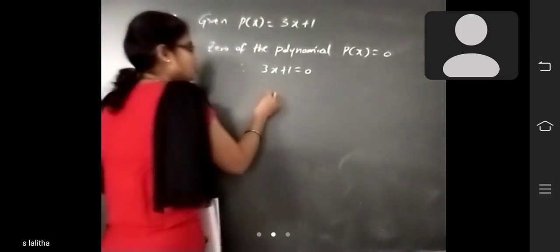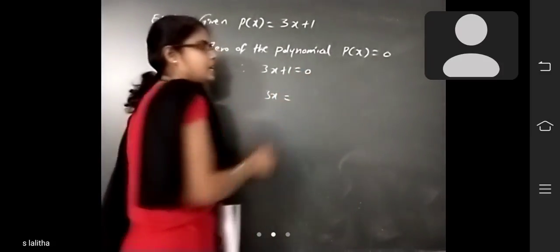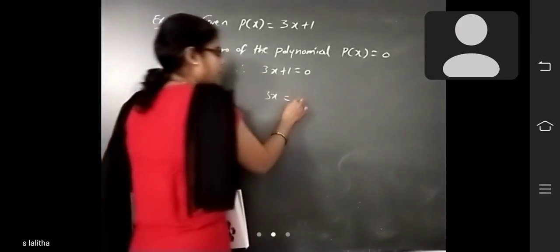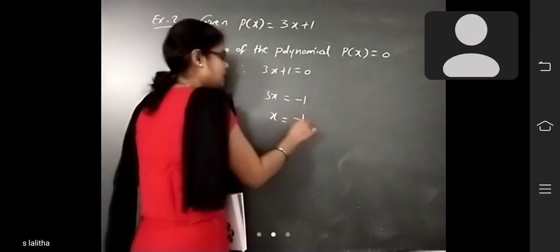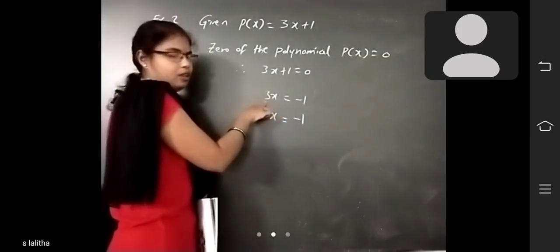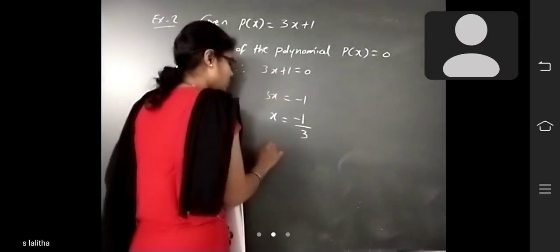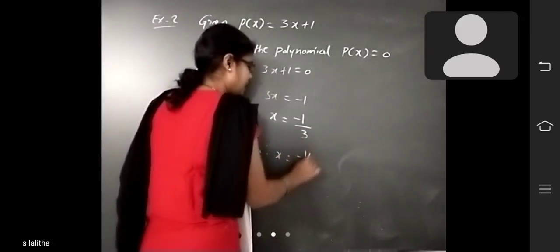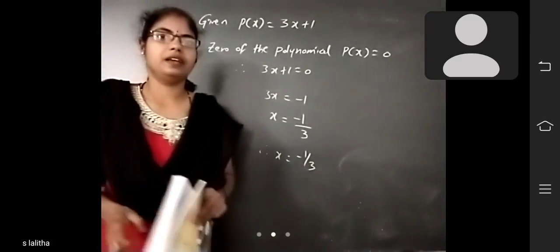Okay. So 3x is equal to, here plus 1 is there. If you transpose to right hand side, what will become? Minus 1. Okay. So x is equal to minus 1, here 3 is multiplied. If you transpose to right hand side, what will become? Divide. So therefore x is equal to minus 1 by 3 is the 0 of the polynomial.